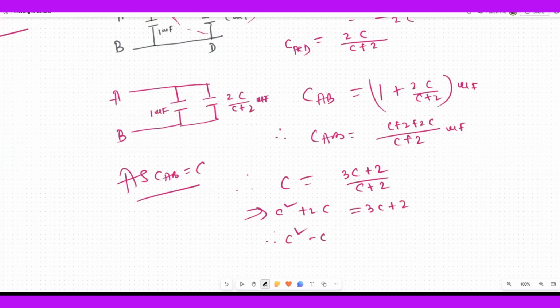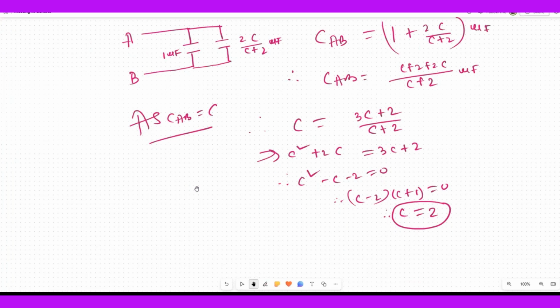Therefore take it on the left hand side: (C minus 2) into (C plus 1) equals 0. C can't be negative, so C equals 2. So the equivalent capacitance of the loop is equal to 2 only.